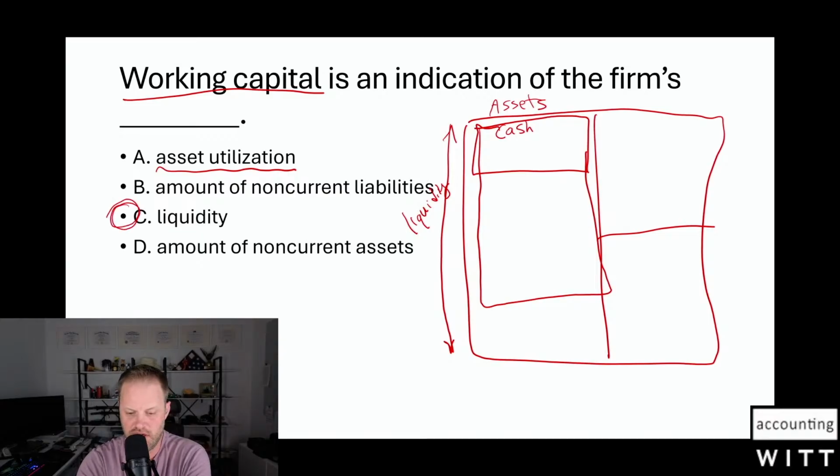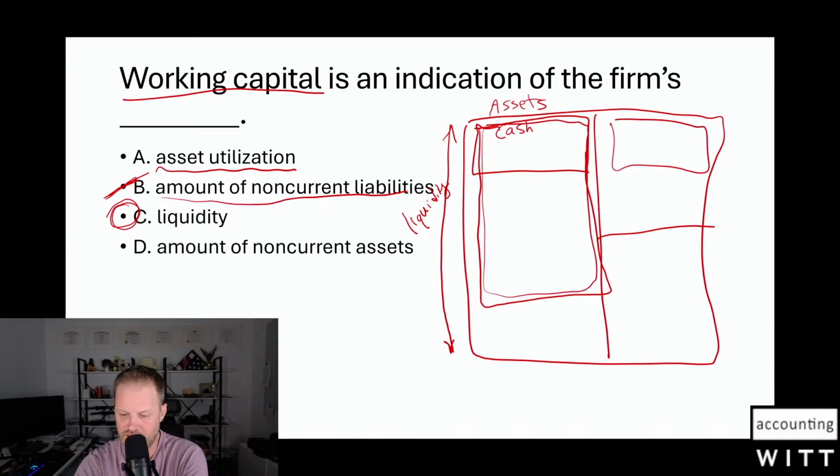So C seems right. The amount of non-current liabilities is not relevant, because just because you've got a lot of current assets doesn't mean you've got a lot of current liabilities. Those are not necessarily related. The amount of non-current assets. Well, I mean, this isn't talking about a ratio. So just because you have lots of working capital doesn't mean you can't have lots of non-current assets. So it's not that.